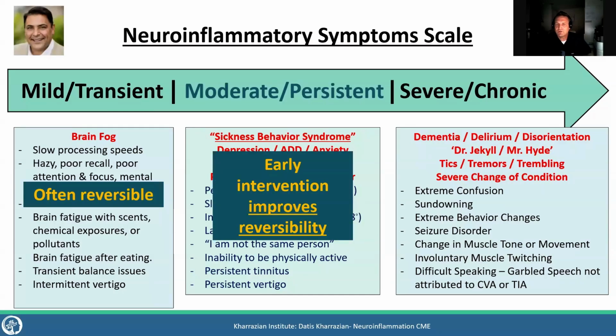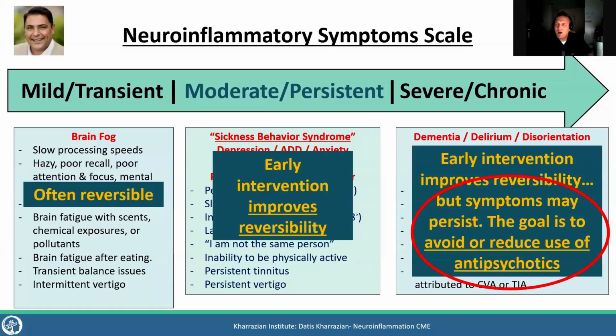The earlier we intervene, the more likely we are to reverse it so that there's no permanent damage. But oftentimes, early intervention in chronic illnesses doesn't promote reversibility. Symptoms persist. They go on forever. We can't 100% reverse them. Why? Because maybe the neuron has died. Maybe that immune system has become primed.